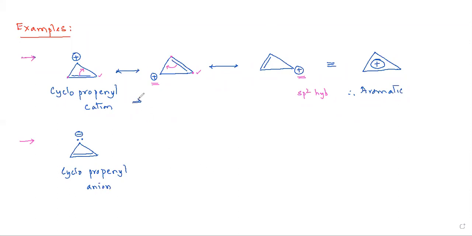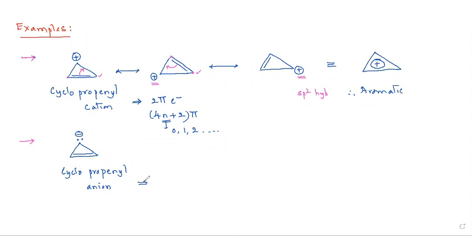In this case, we have 2 pi electrons, which fits into 4n plus 2. Of course, here this n can be anything from 0. Supposing n is taken as 0, it becomes 4 into 0 plus 2, 2 pi electrons. That means it fits into the 4n plus 2 pi electron rule, I mean Huckel's rule of aromaticity.